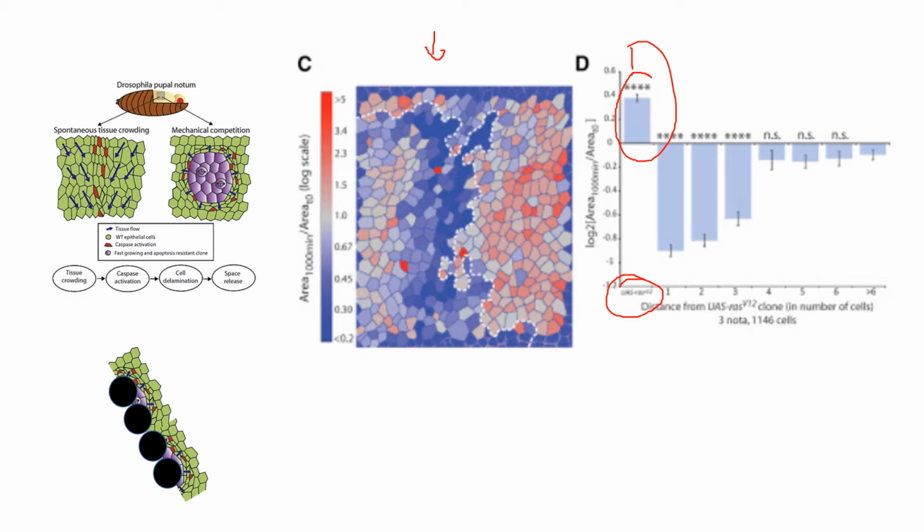Here is a wild type, and when you have the clones, the cells can get bigger. However, when you have the clones with the tumor, the cells get much smaller, closer to the tumor. So here, what they found is that every time you have a clone, the cells are going to start getting smaller. And this seems similar to what we found during the rotation.